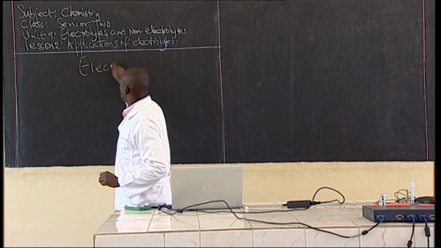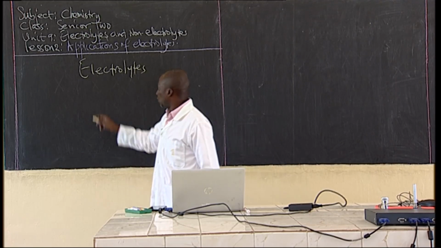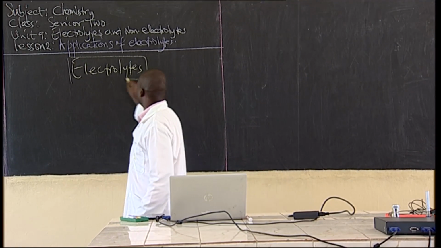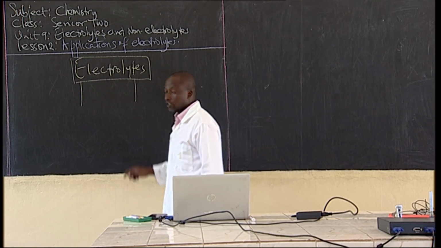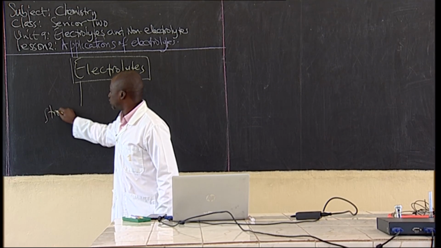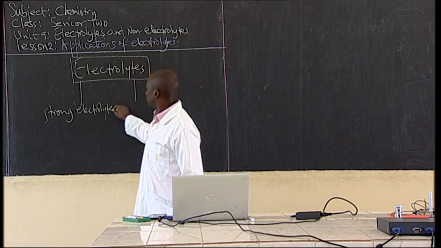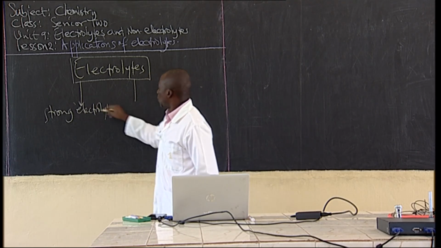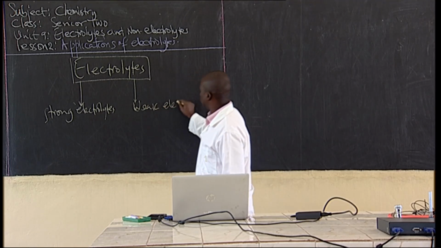If you remember, this was the last part, where we had to divide this into two parts. We had two types of electrolytes: strong electrolytes and weak electrolytes.